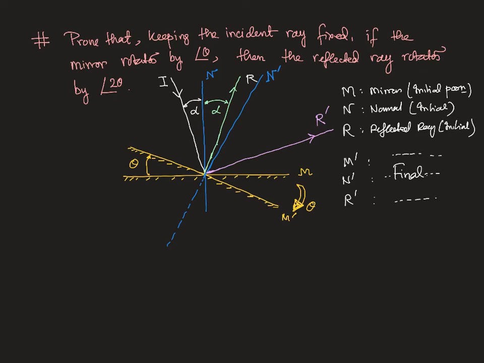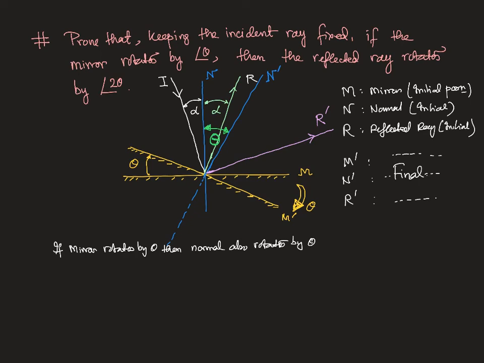So the normal, see, if mirror rotates by theta, then normal also rotates by theta, right? So now let's draw the normal. This is normal. This angle is theta. Initial normal and the final normal. This angle is theta.